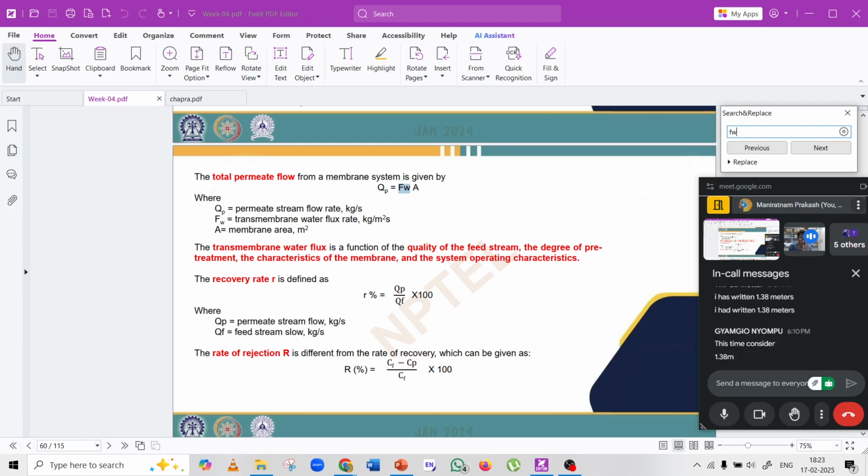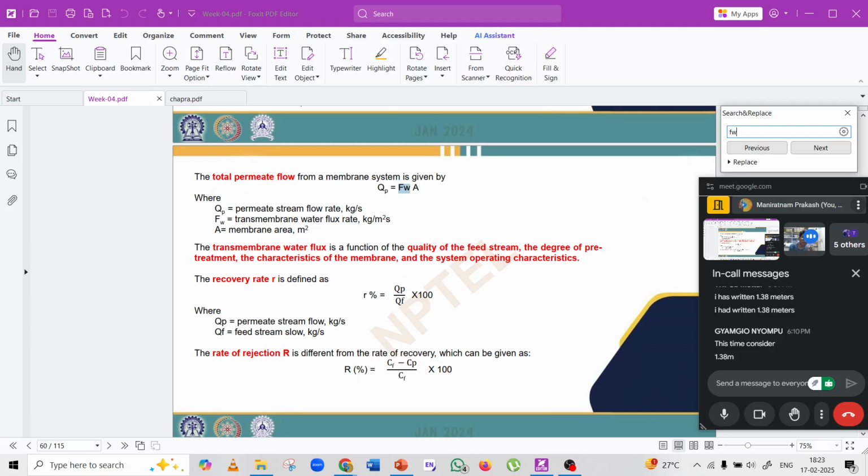Generally, whenever we talk about Q, we talk in the sense of meter cube per second. That is the general flow unit, and generally the flux has a similar unit.